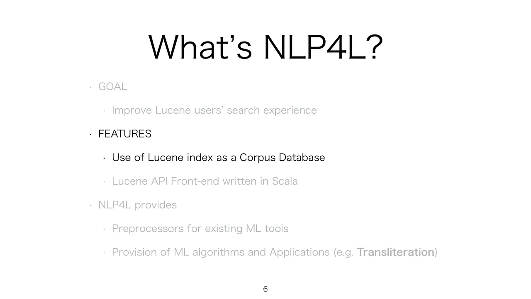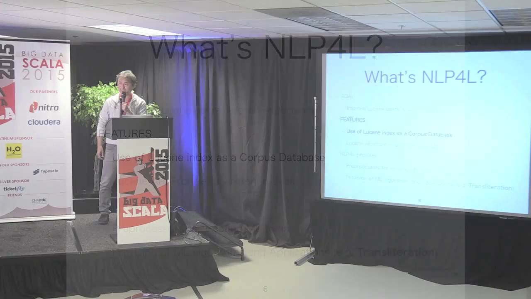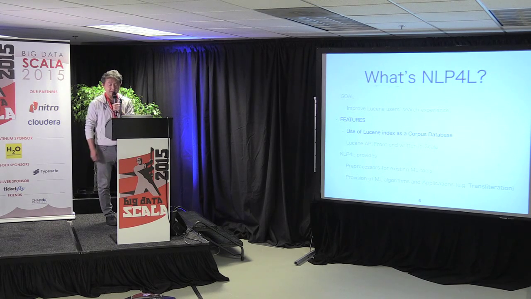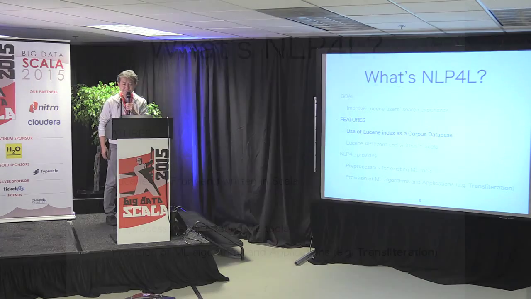Instead of using text data directly, NLP4L lets users put their text data into a Lucene index. Once the data is in, words appearing in the corpus are settled in the Lucene index. Trying to count the number of words, NLP4L reads the Lucene index instead of the original text data.